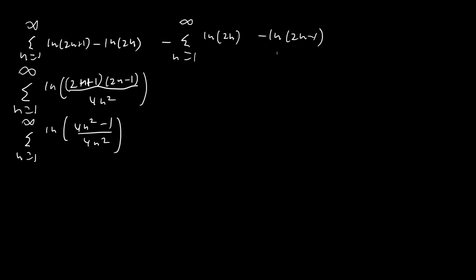Okay, I think this does help us because now we have the sum from n equals 1 to infinity of ln of 1 minus 1 over 4n squared. Did this help us at all? I don't think it did. Huh.